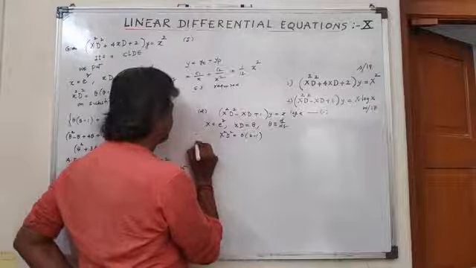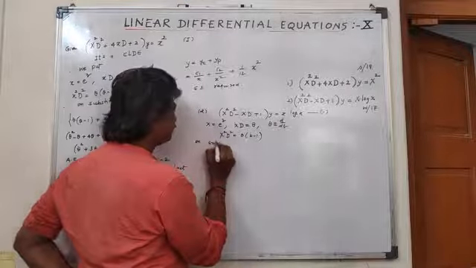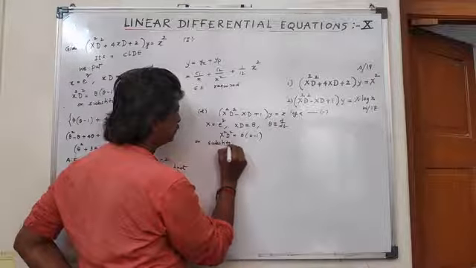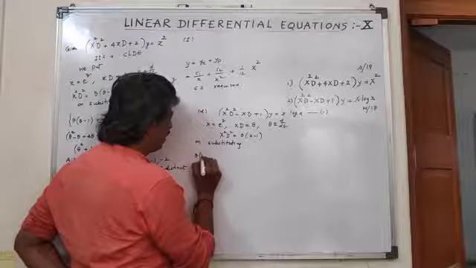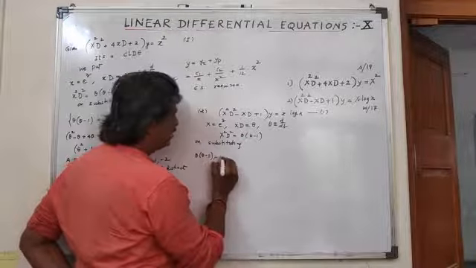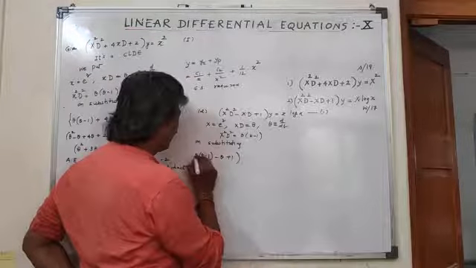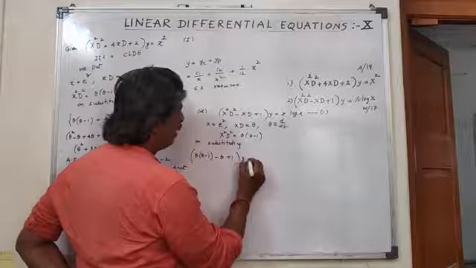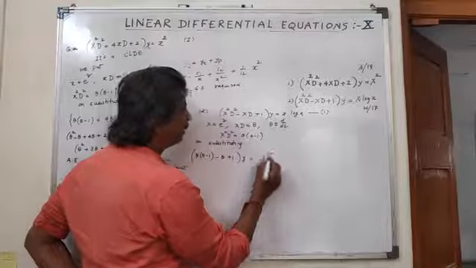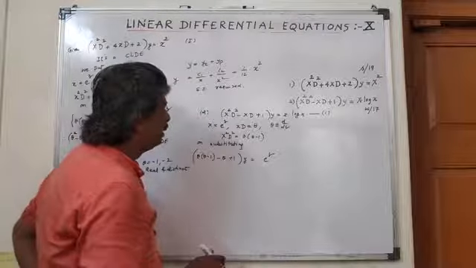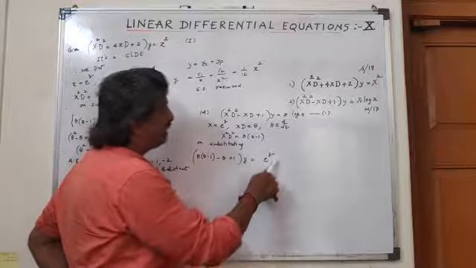On substituting, x square d square is theta into theta minus 1, minus theta plus 1 in bracket into y is equal to x. What was x? e raised to power z. This x is e raised to power z.